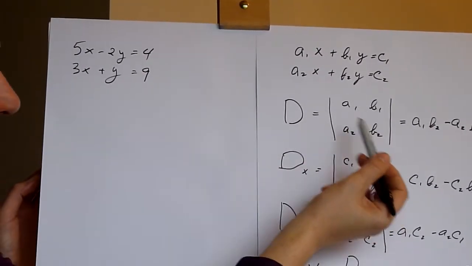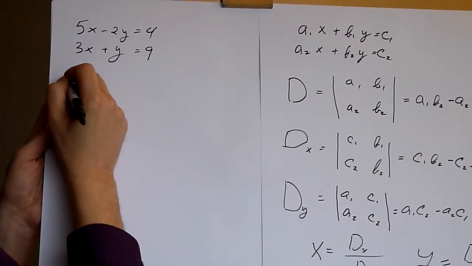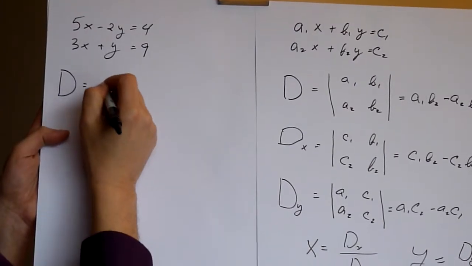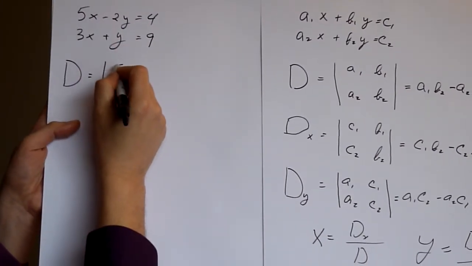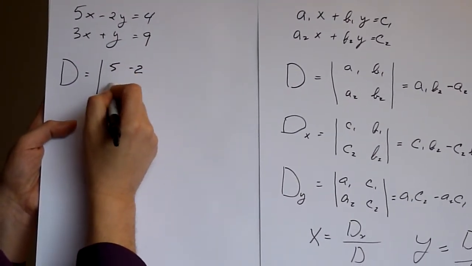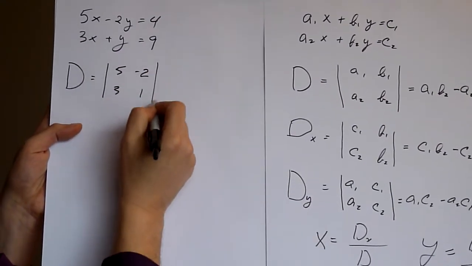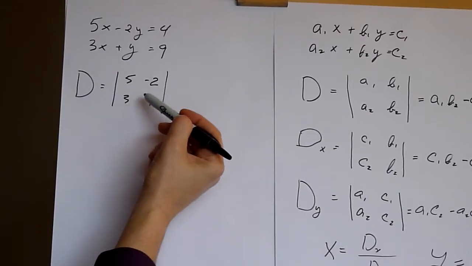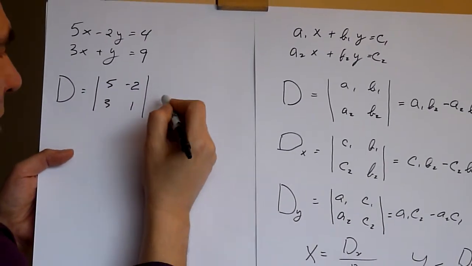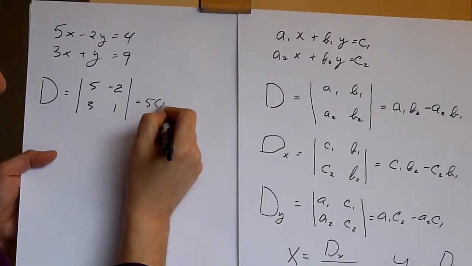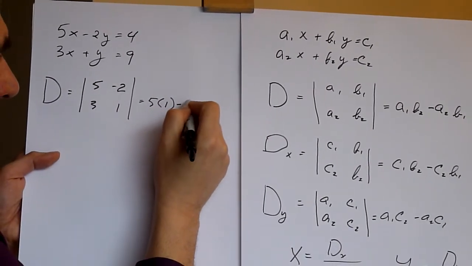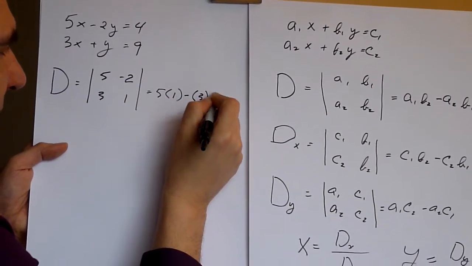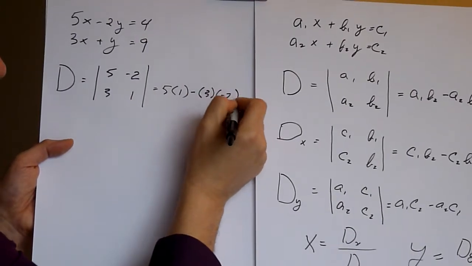So, to find D, our determinant of the coefficient matrix, we just put in our coefficients: 5, negative 2, 3, and 1. The product of this diagonal minus the product of this diagonal. So that looks like 5 times 1 minus 3 times negative 2.